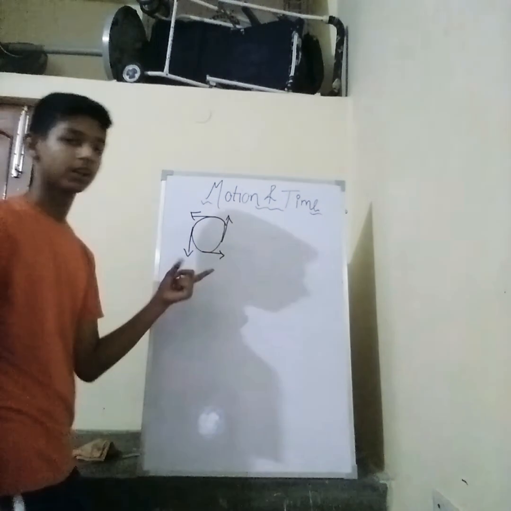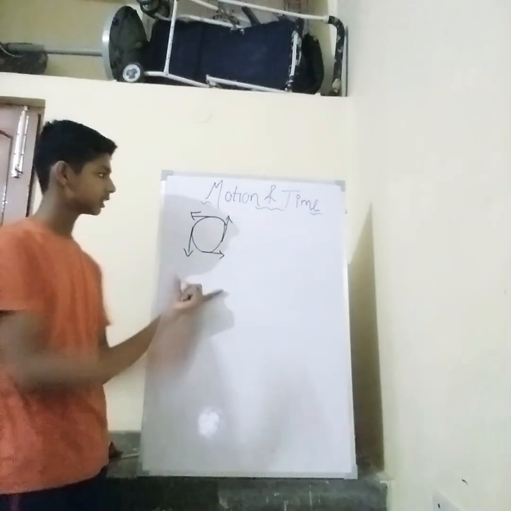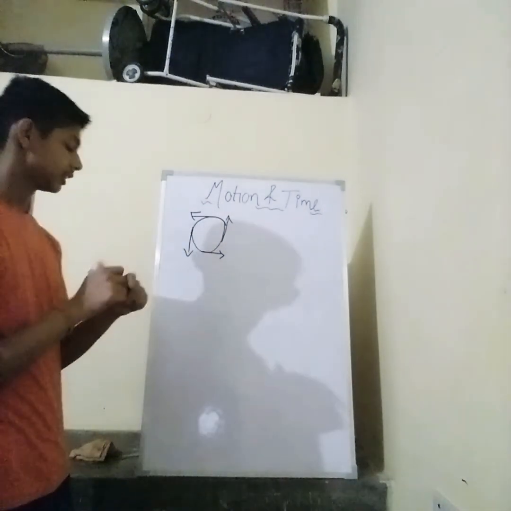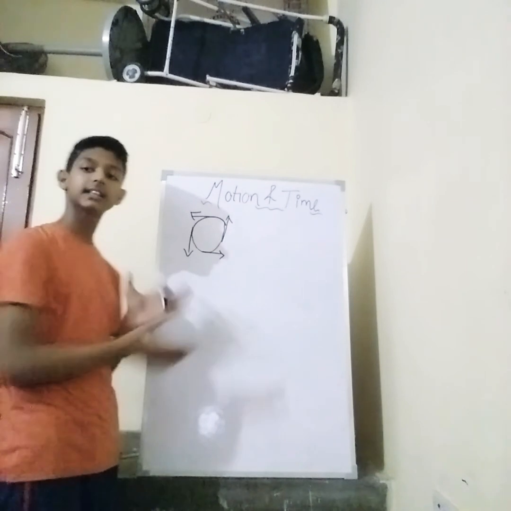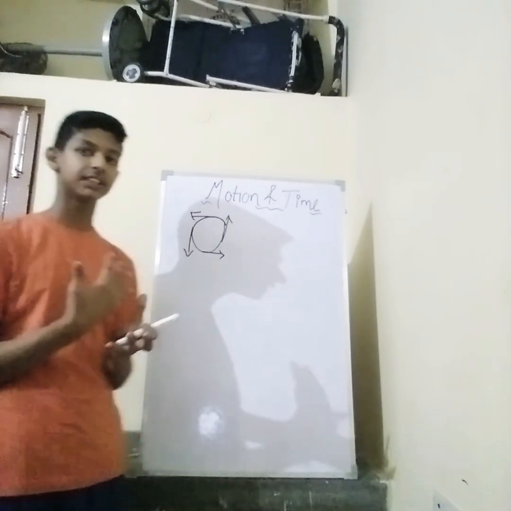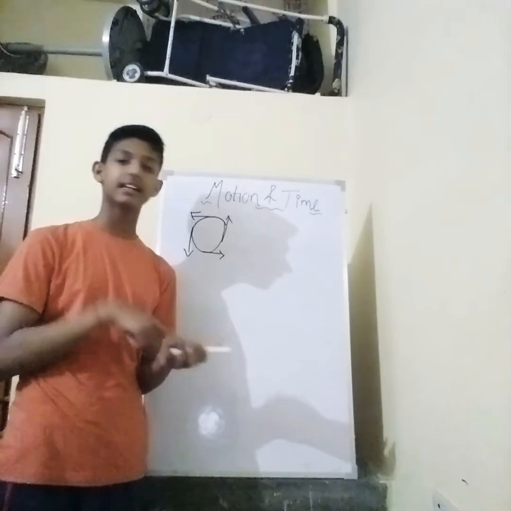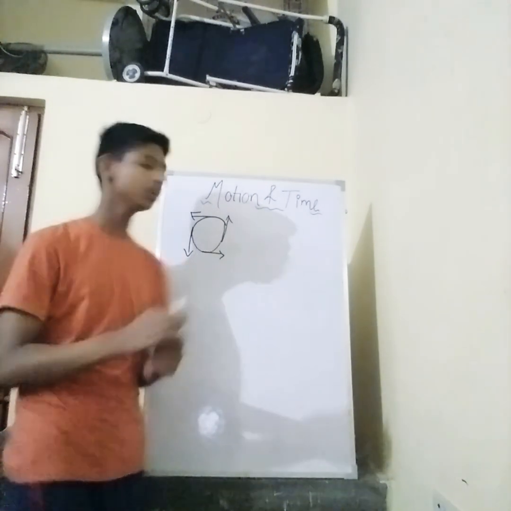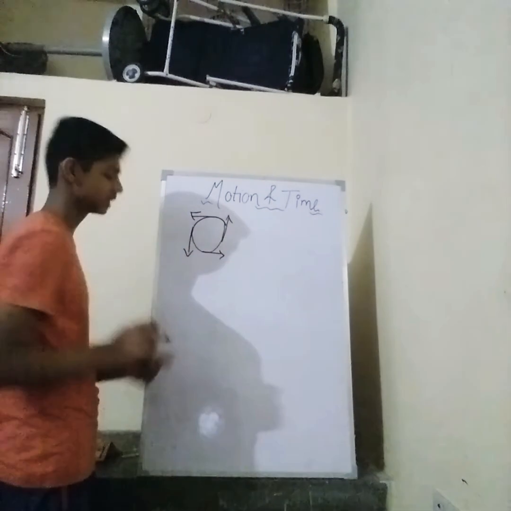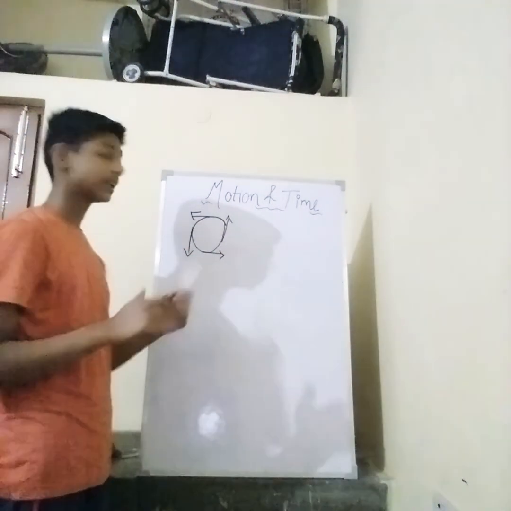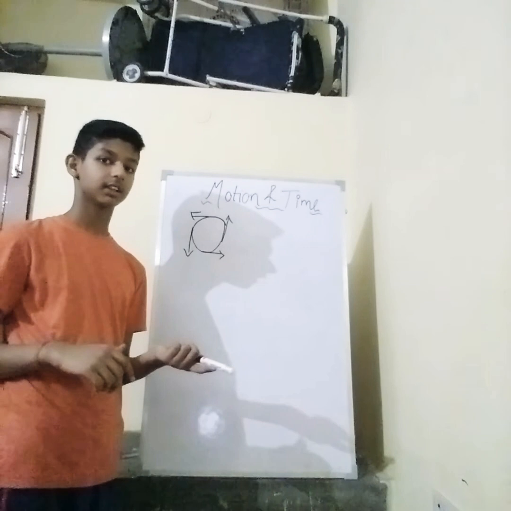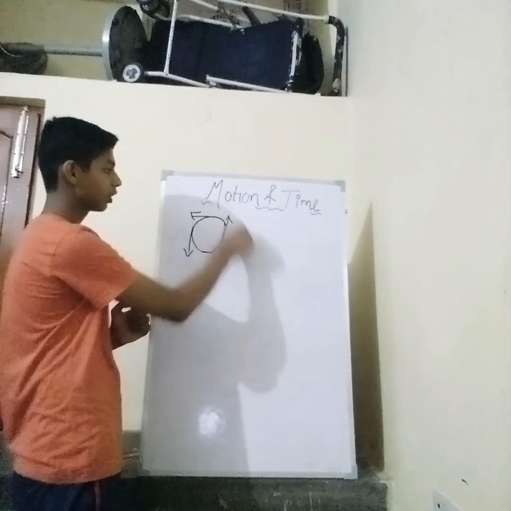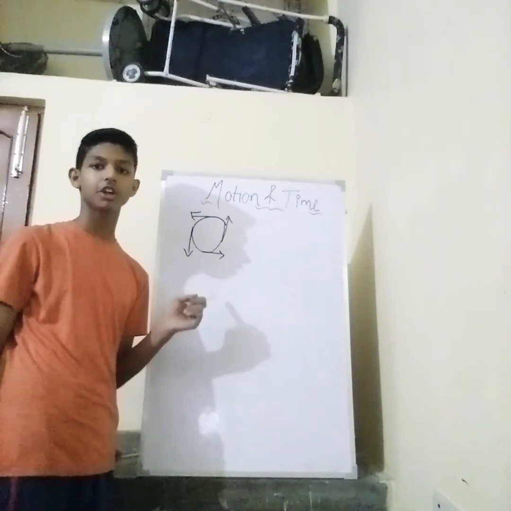Okay, there are numerous directions, so we can conclude that the direction is continuously changing. So if our direction changes, our velocity also changes. The magnitude of velocity can be constant in circular motion, but the velocity, because of the changing direction, will not remain constant.